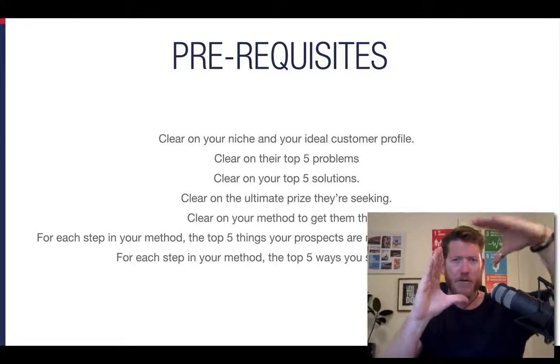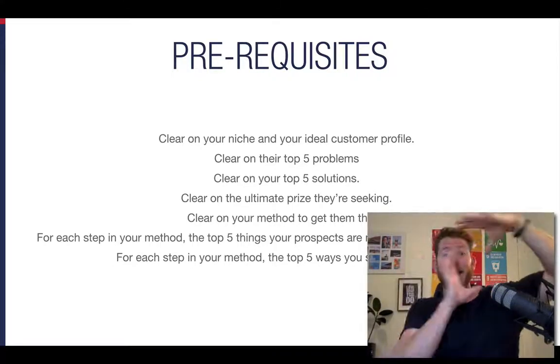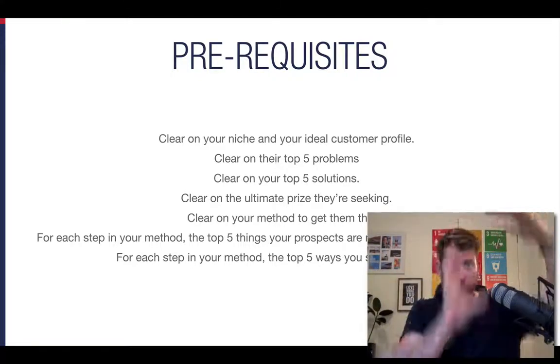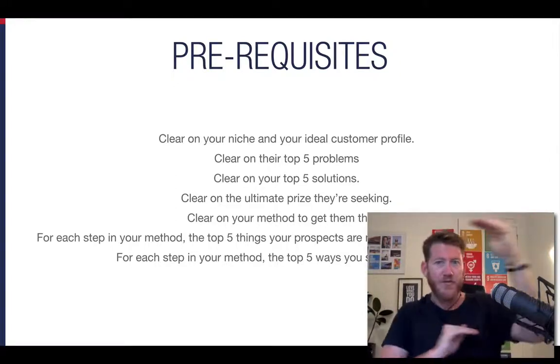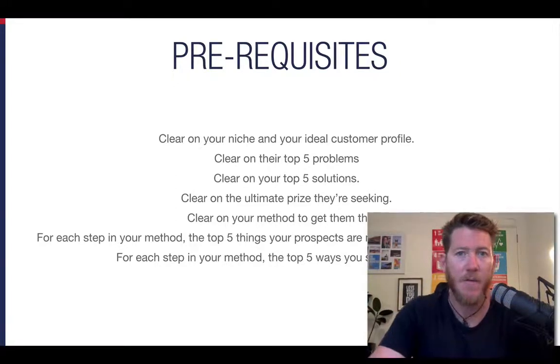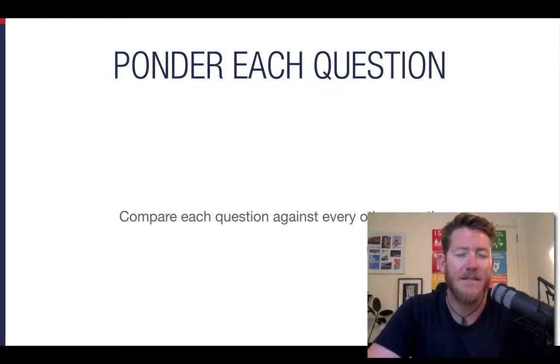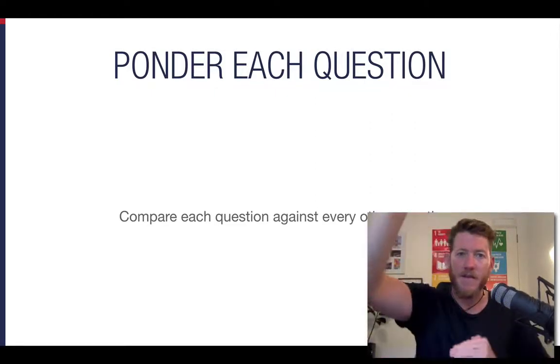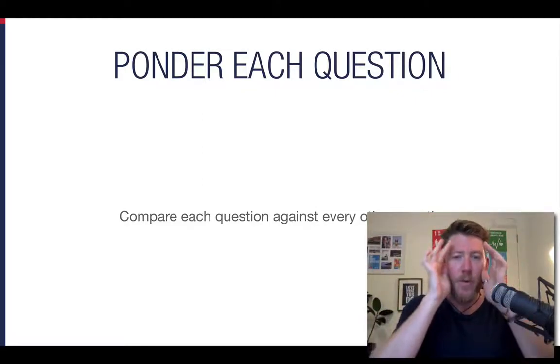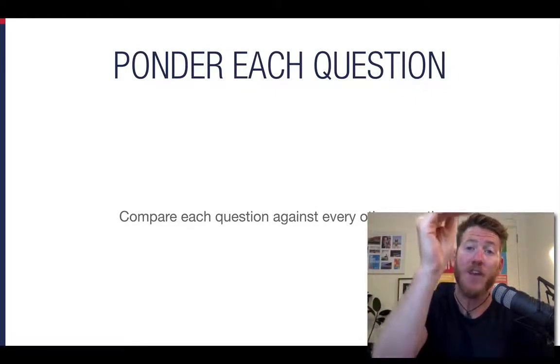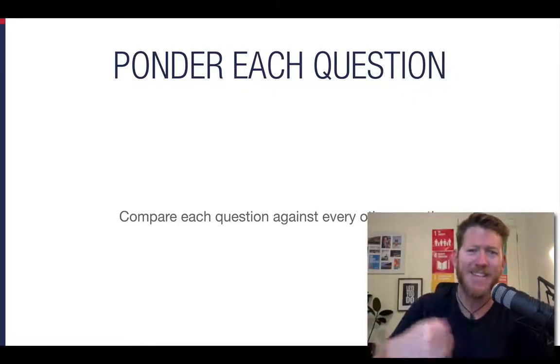You've got to be clear on that stack, because we're going to take all that, as we just demonstrated, and put it into the questionnaire, so the questionnaire leads straight to your value proposition. So it's really important to take the time, once you've got these 50, 60, 70 questions, to ponder each question against every other question. It's a bit of a process.